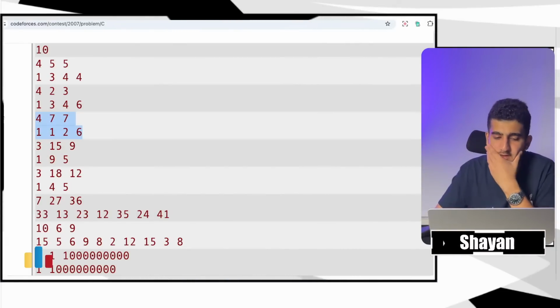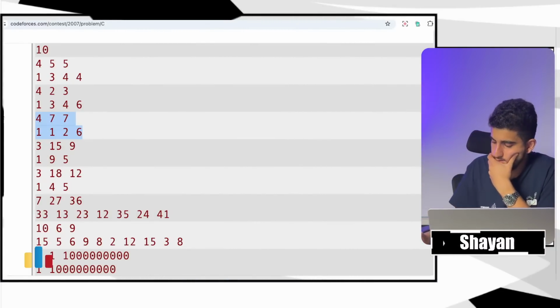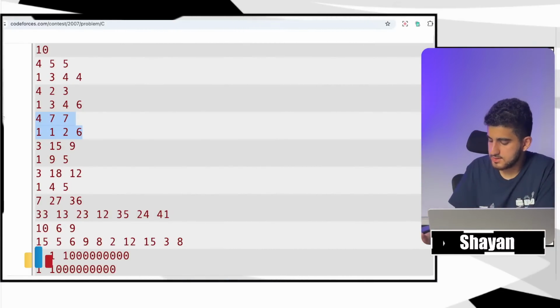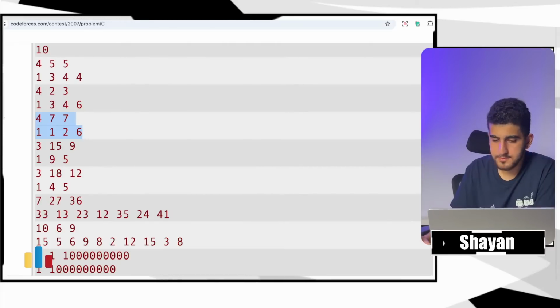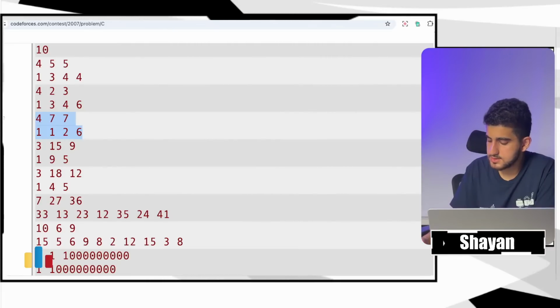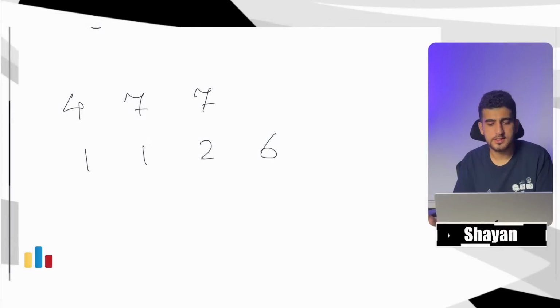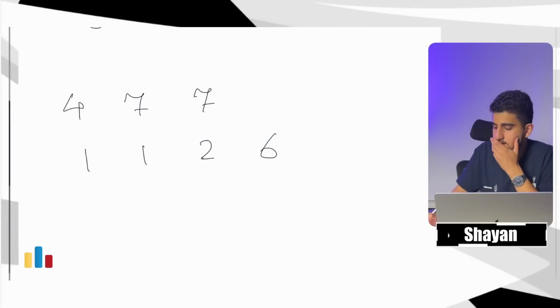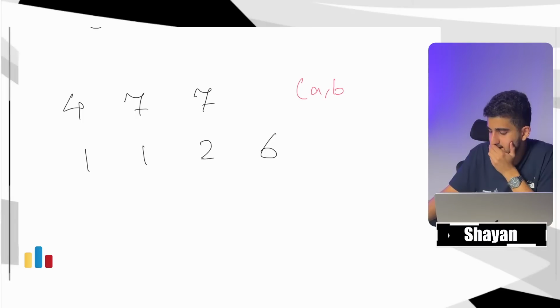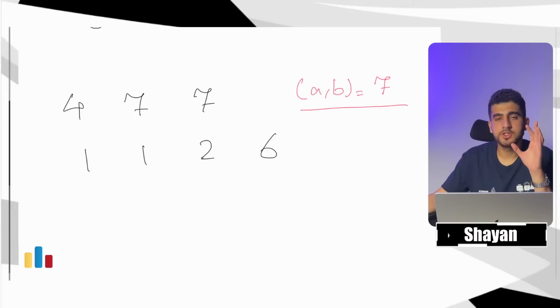We have 4, 7, 7, and then 1, 1, 2, 6. In here, we know that a and b are both 7, and GCD of a and b therefore is also 7. So the numbers would not change modulo 7.